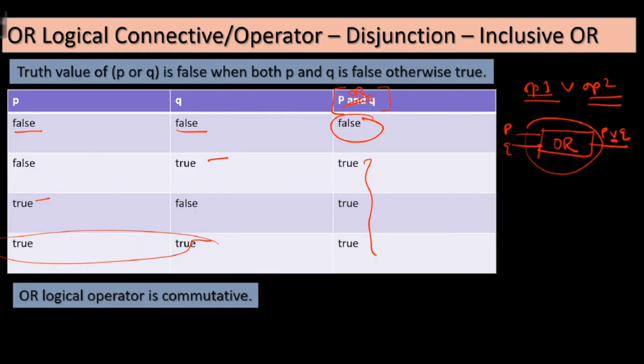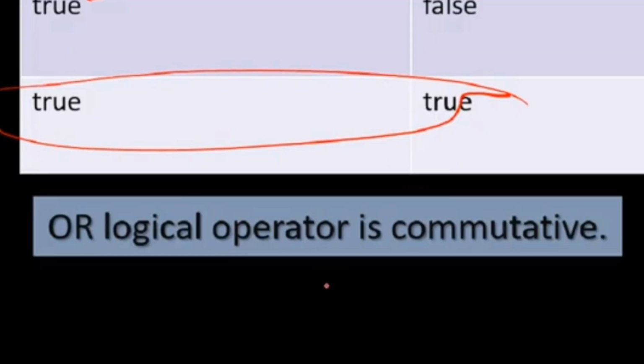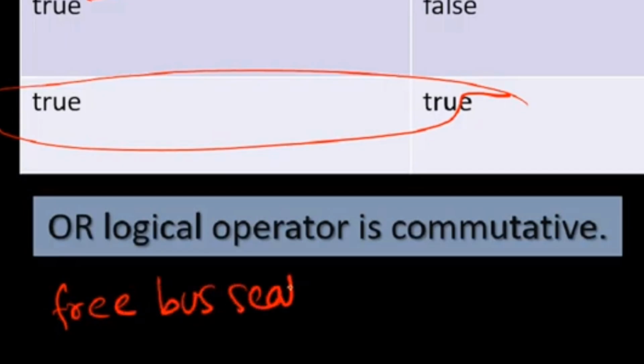Now let's think of a situation where connecting two propositional formulas by an OR operator makes sense. Let's suppose you want to classify people who will get a reserved bus seat.